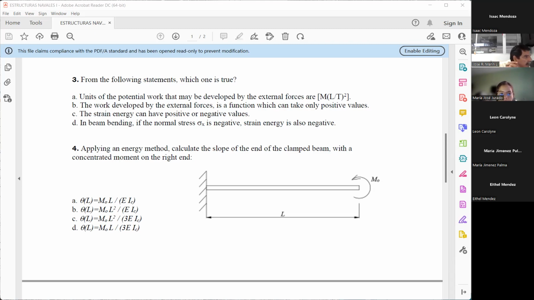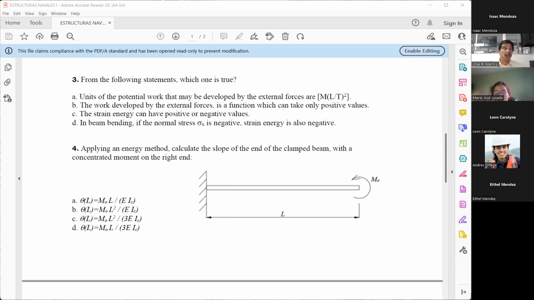Mr. Ortega, what's the equilibrium equation? Yes, doctor. Good morning. What's the differential equation?